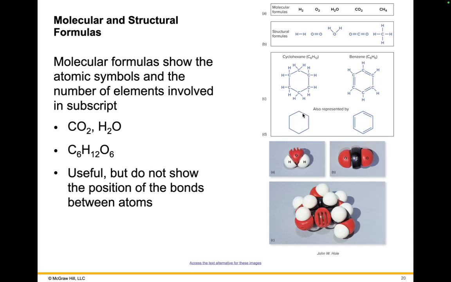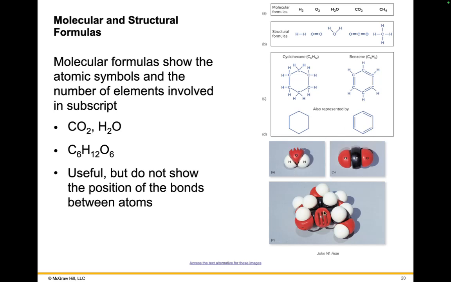And then we're not drawing all the hydrogens around. Carbon is always associated with hydrogen in organic molecules. And so here, this is showing the double bonds between the carbons, and so there's half the number of hydrogens because you already have extra bonding to help stabilize these molecules.